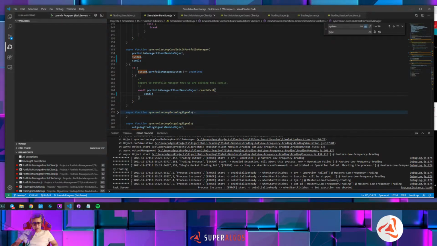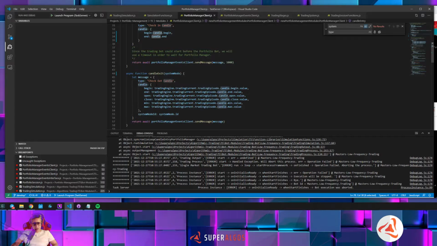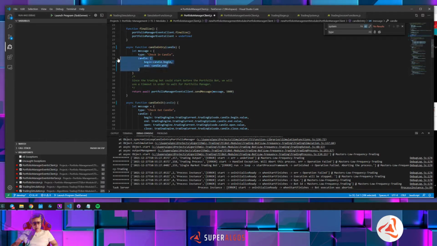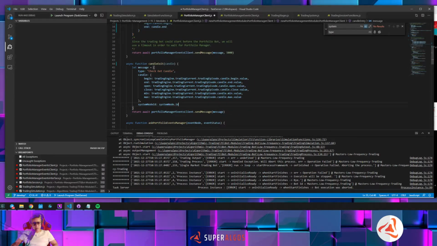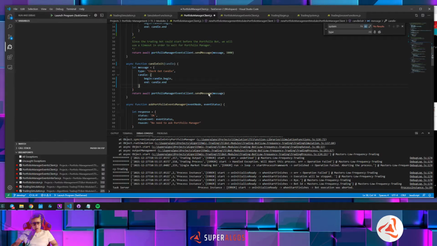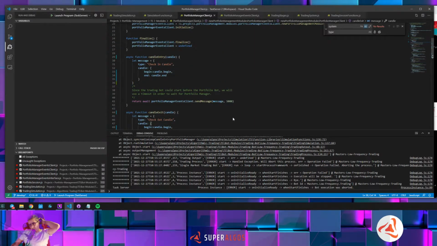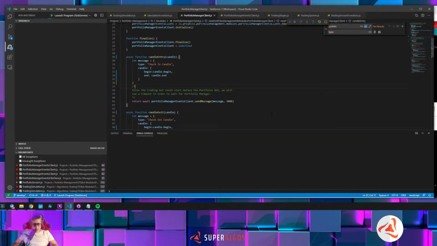That means that at this client, the candle exit will receive a candle and is going to send a message with this only. Okay, so we will start over. We start just the trading bot, the other is running perfectly well.